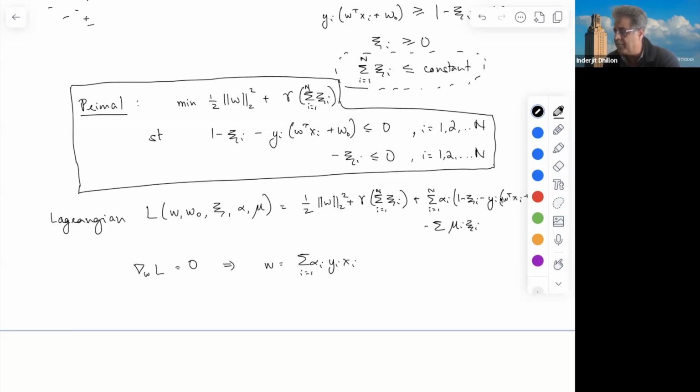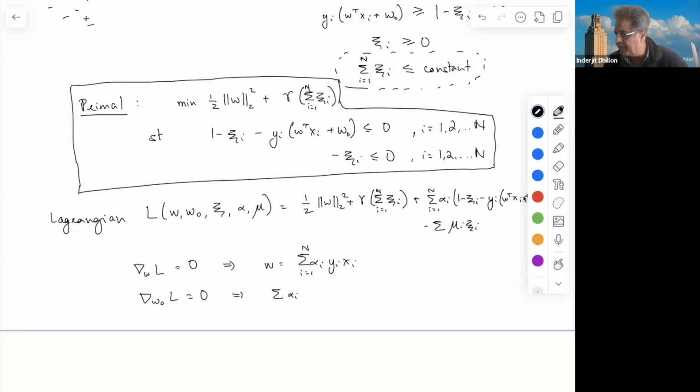It will still have that form. Similarly, when I take the gradient with respect to w naught, I have summation of alpha i y i equal to 0, same as before. So that's the balancing constraint.